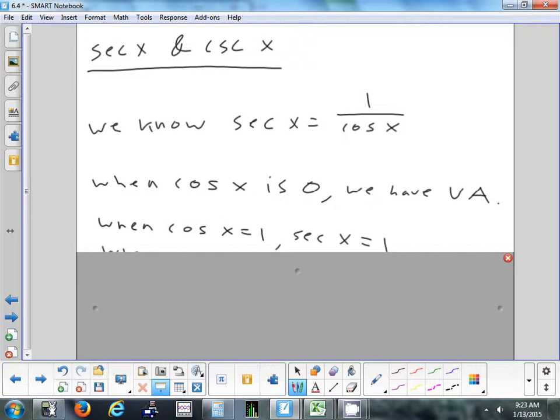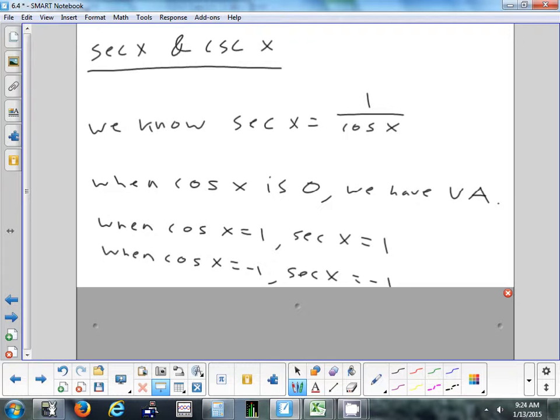When cosine equals 1, so does secant. Why? Well, if you change the denominator to 1, find a value for x, such as 0. When x is 0, plug it into cosine. Cosine of 0 is 1. 1 divided by 1 is 1. So when cosine of x equals 1, so does the secant.